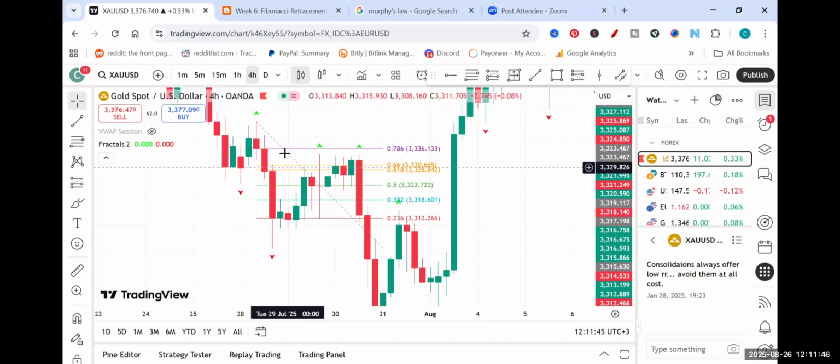For a downtrend, we are looking for resistance, which is this. For an uptrend, we are looking for support. This one acted as a very good support. They call it the golden zone, the golden ratio is 0.618, and then the golden pocket. This mustard color is going to be the golden pocket.